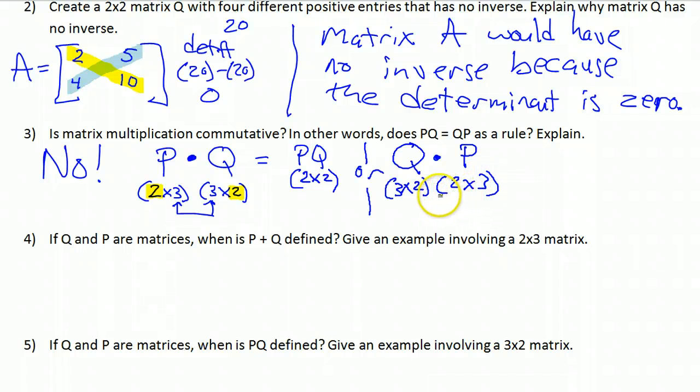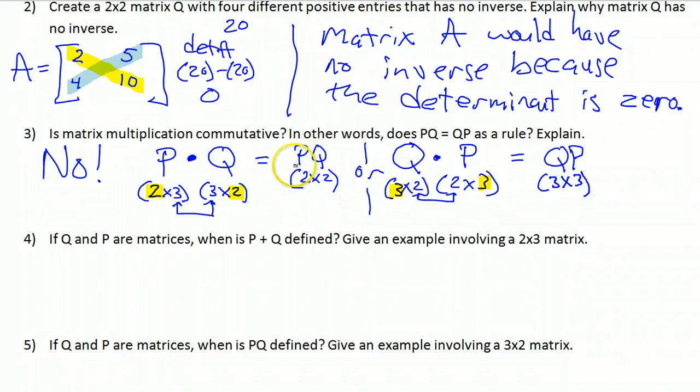Is this still legal? Can I do this? I can, because the inner dimensions are still the same. But the product QP is going to have the outer dimensions, which would be 3 by 3.